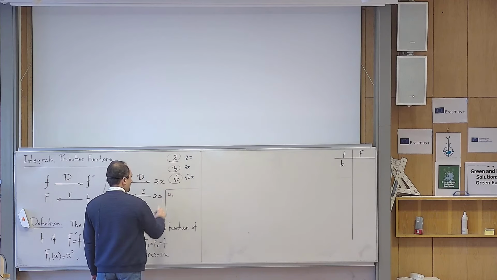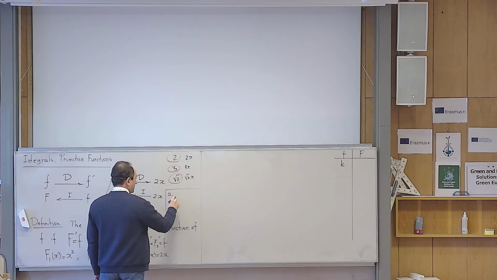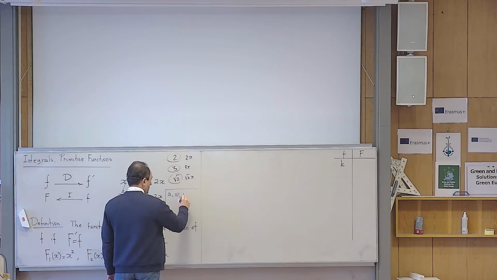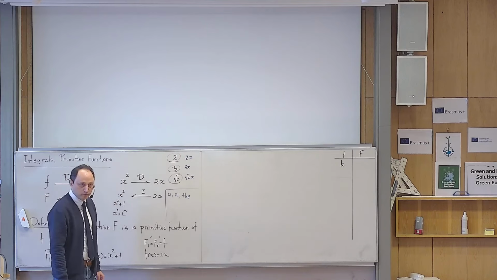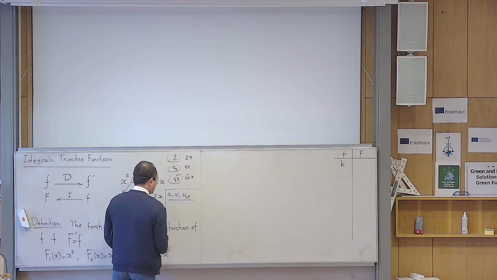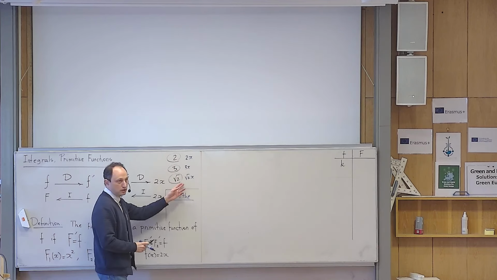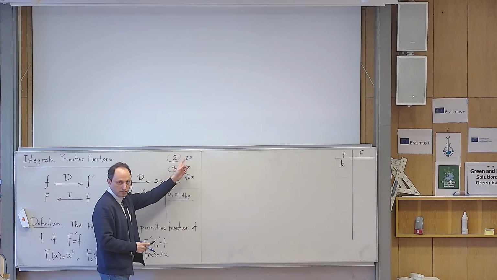They can sometimes say a primitive function, sometimes they can ask for all primitive functions. I want you to understand about them. If they say all, this is not acceptable without a constant. You need to show me that you understand the meaning of the word all by putting a constant c there.